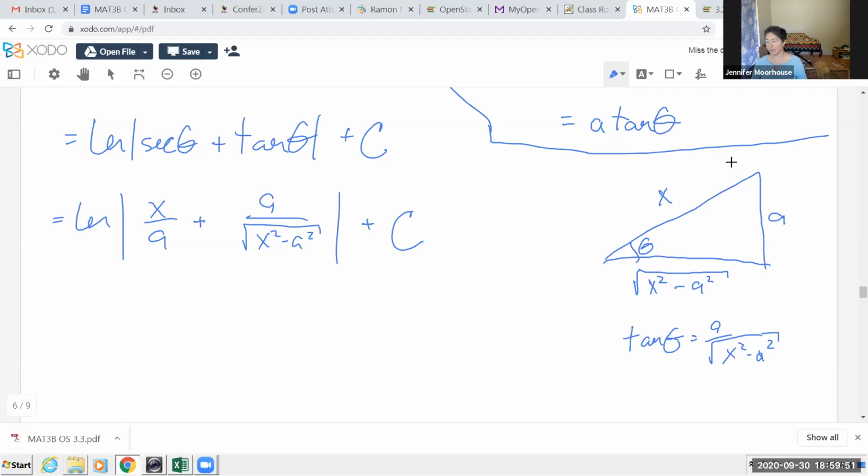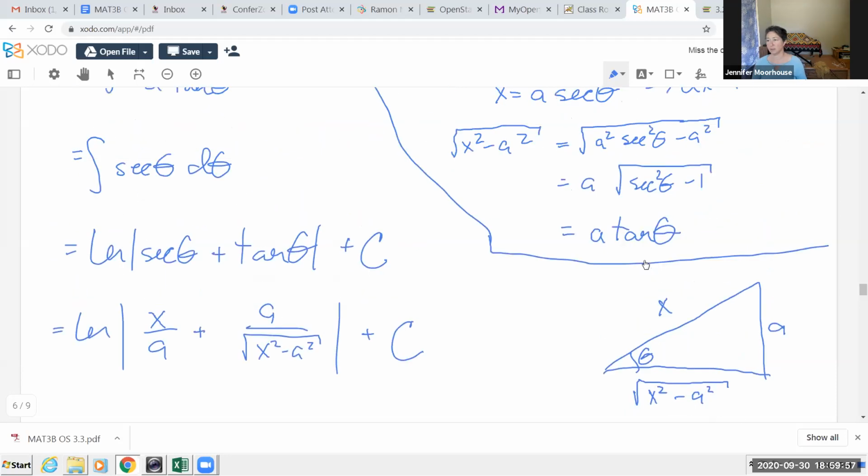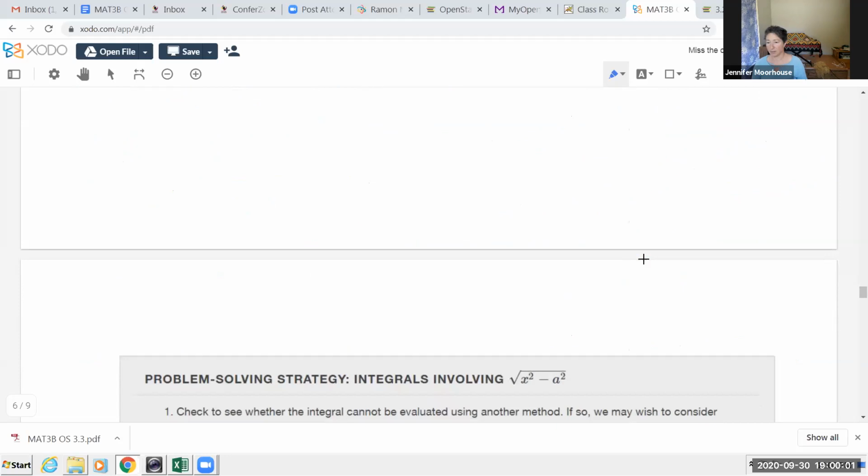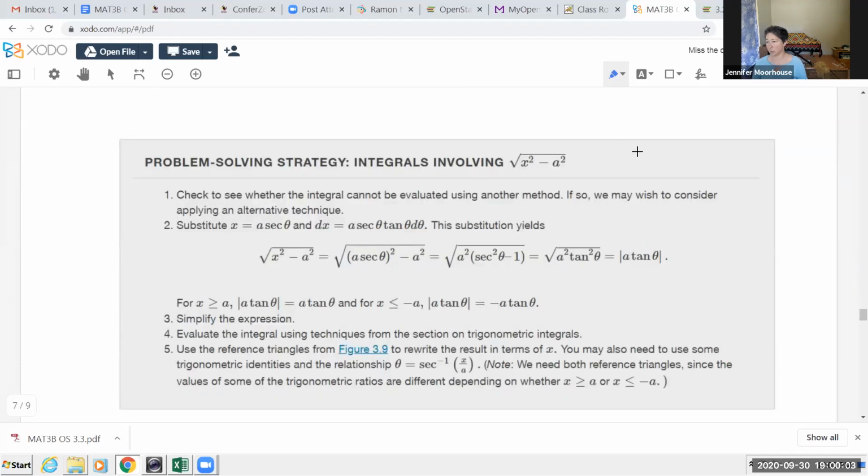So that's a secant trig substitution. The general situation when you want to make the secant substitution is when you have the square root of x squared minus a squared. Again, you always check to make sure that this isn't something you could do with a simple u substitution.